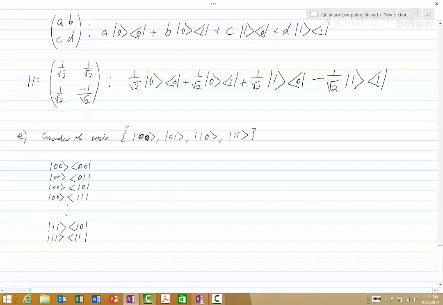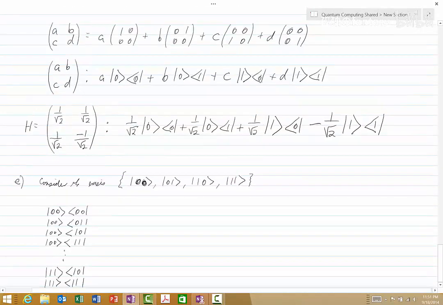So if we found the matrix corresponding to each one of these operators, we would find that each of those 16 matrices would be a 4 by 4 matrix that would be 0 in all of its entries except for one, and it would have a 1 in that one entry.